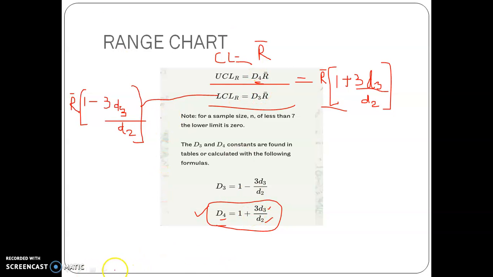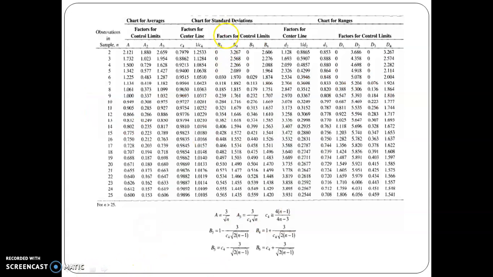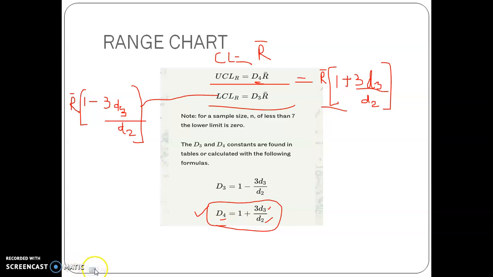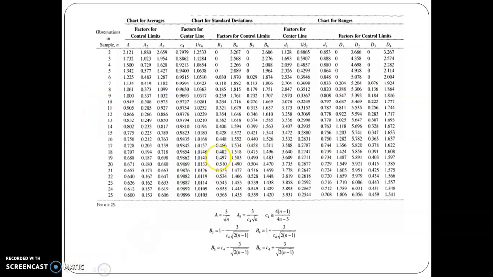Okay, so in the previous video, before going to the question, we have to discuss from where we will get d3 and d2. We have seen we will get them from the table. These are generally the statistical control tables in which all the constants, like you can see over here, A2, A3, everything is given. There are other constants also which we use in other charts of quality control. But here we have to find d2 and d3.